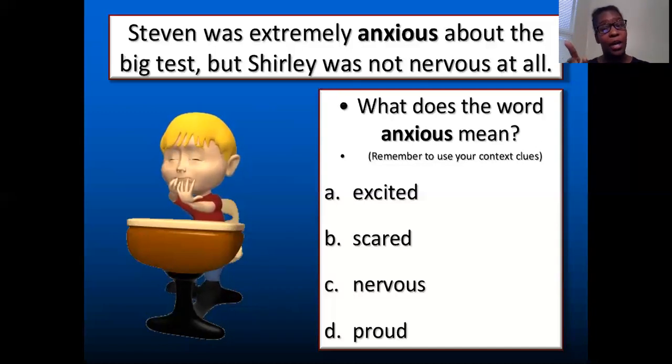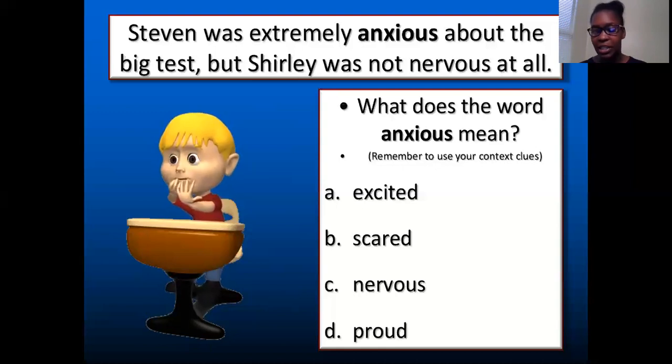We may find a better answer choice. C, nervous. So since it's showing a contrast, if Shirley is not nervous, but Stephen is the opposite of Shirley, that means that he probably is nervous, right? Okay, so let's question C, but always remember to check all answer choices.